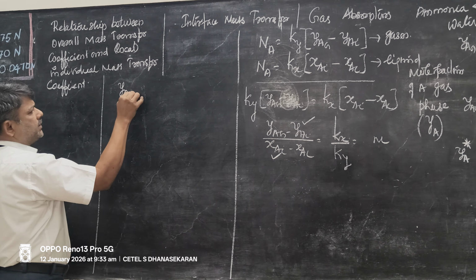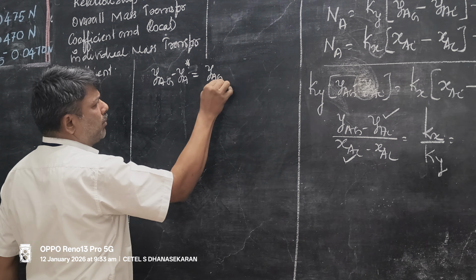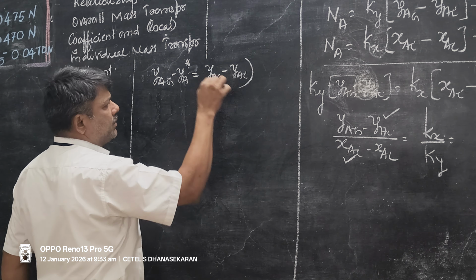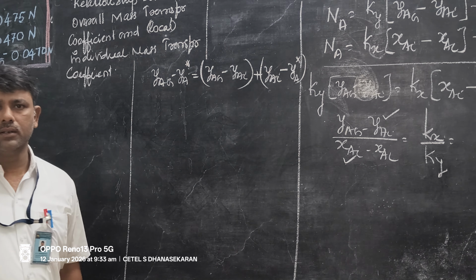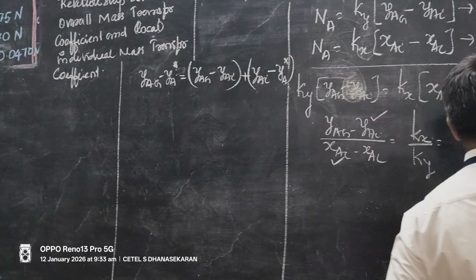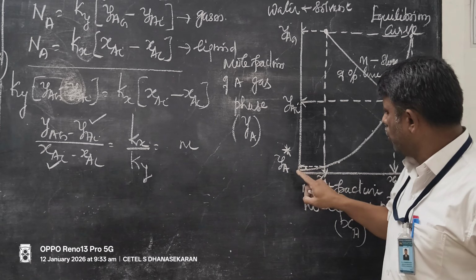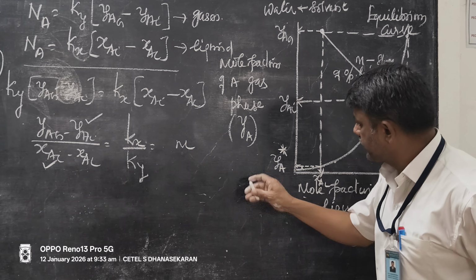yAG minus yA star can be written like this: yAG minus yAI plus yAI minus yA star. Clear? Say, for example, from yAG to yA star is 10.